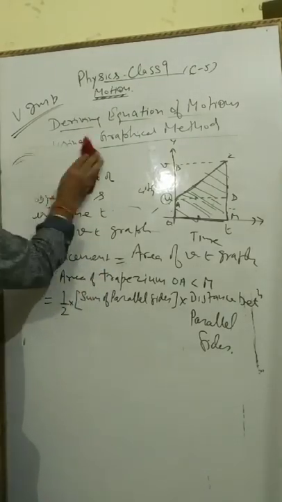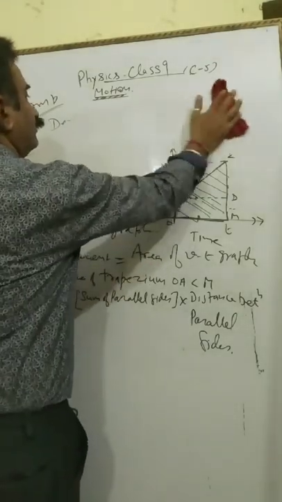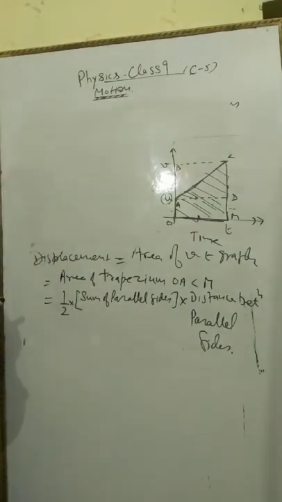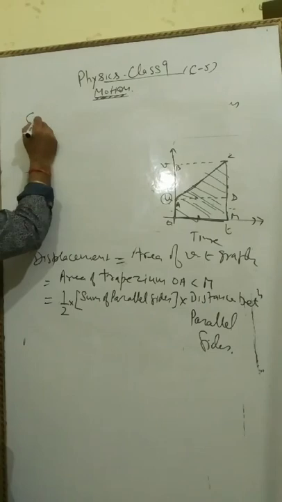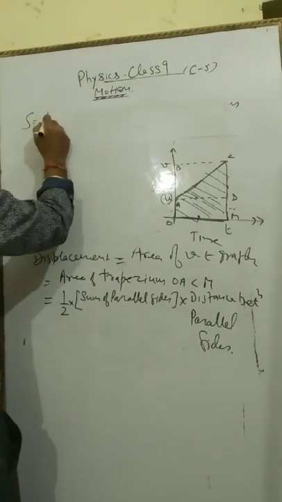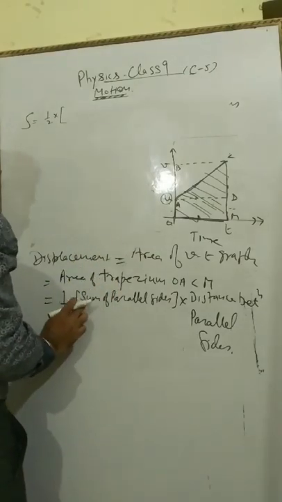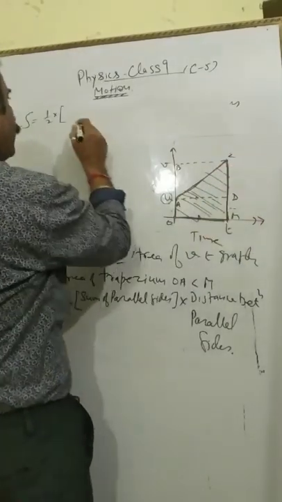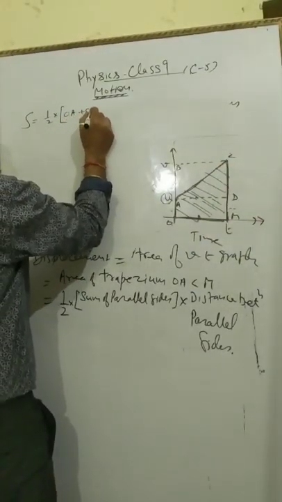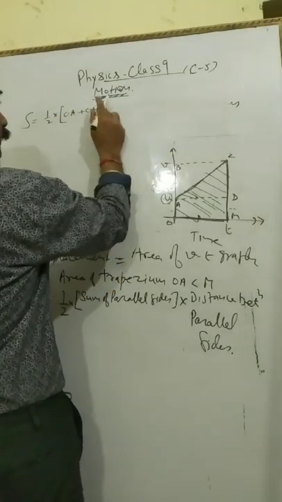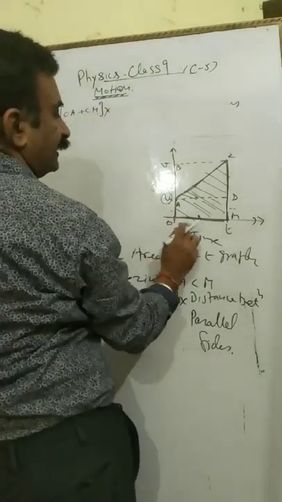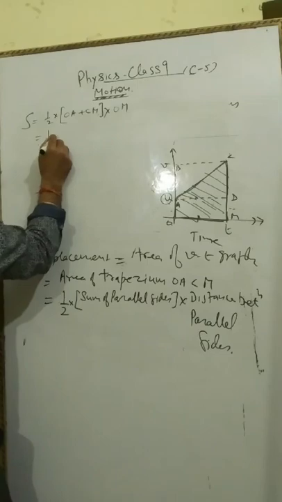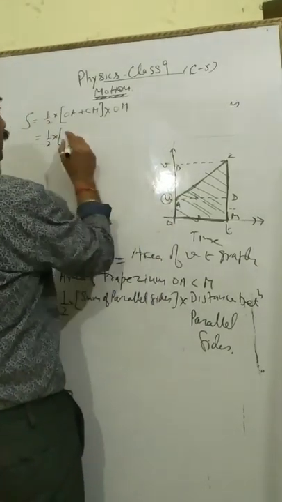Now I will put the known values here. So displacement is represented here by S and is equal to 1/2 the sum of the parallel sides. Here OA and CM are the parallel sides, OA plus CM. The distance between these two parallel sides is this OM. OM is the distance between them. And OA is the U.